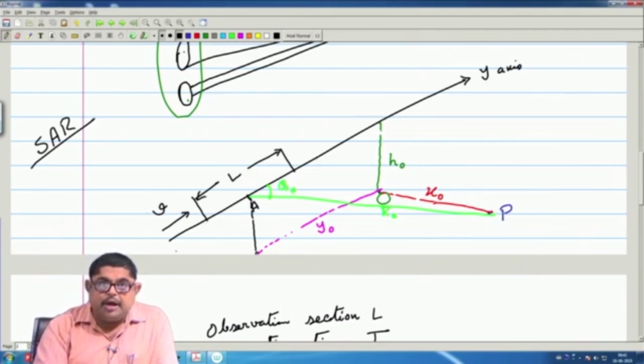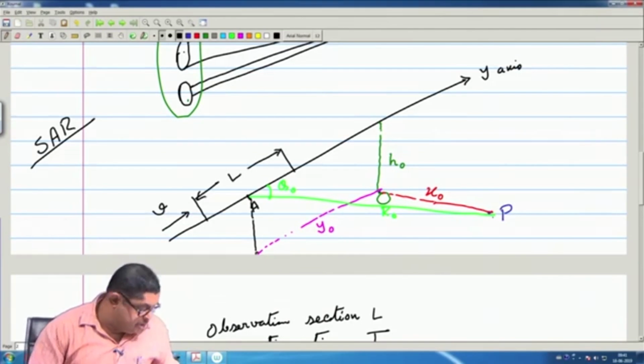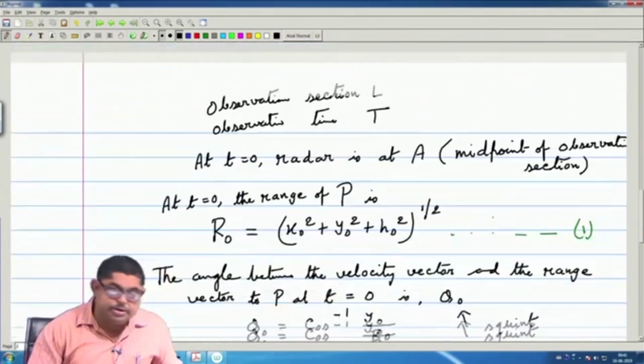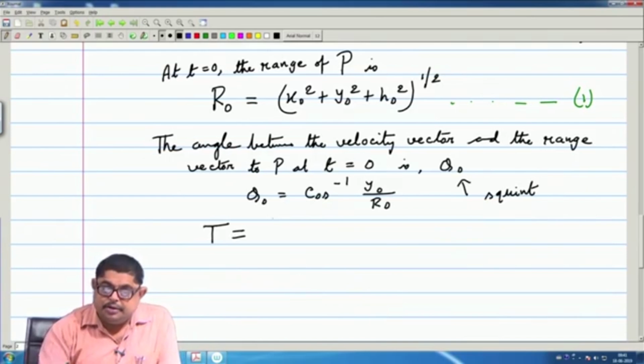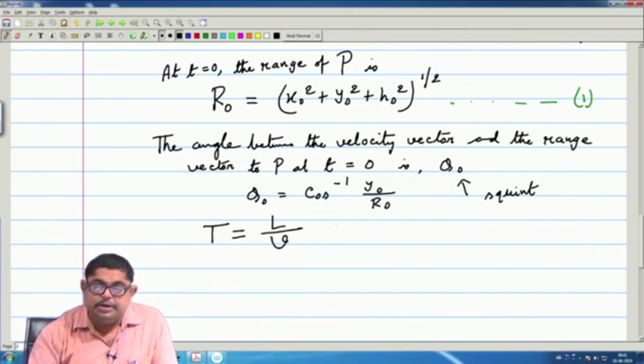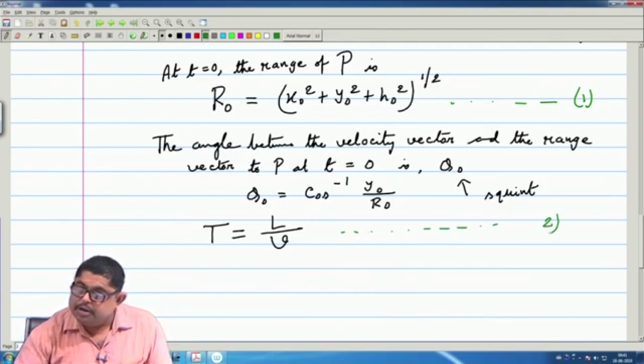Similarly, if it is prior to these points also, the beam is not illuminating P, but throughout observation period T, it is illuminating P. Now, what is the observation time? I can write observation interval T is simply L by v, because the radar is moving with a constant velocity v. So, this will be my equation number 2.